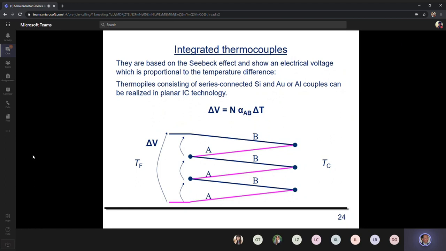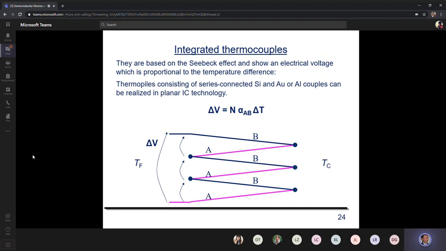And this difference in voltage is proportional to the difference in temperature, delta T, between Tc and Tf, times some coefficient alpha AB that, of course, contains the physics of the barriers and the physics of the two different materials, times the number of pairs of the AB type that are present here.